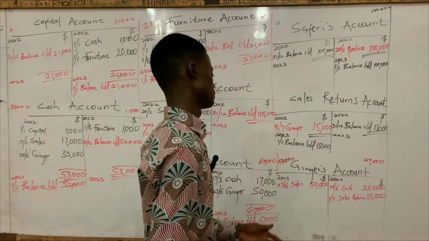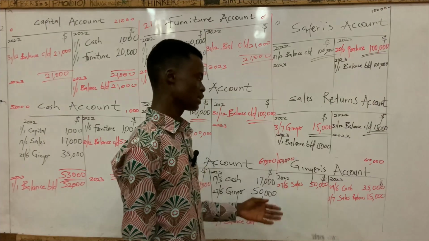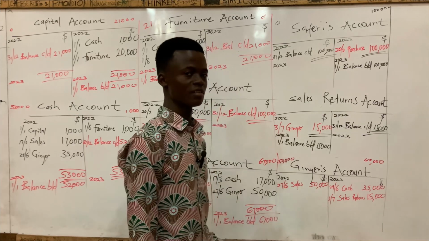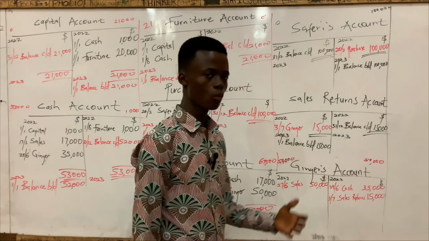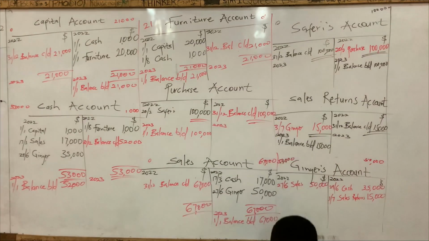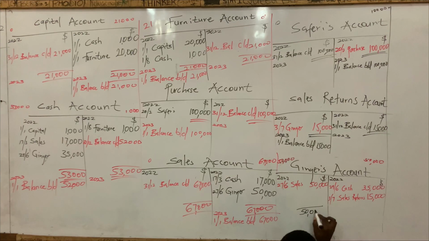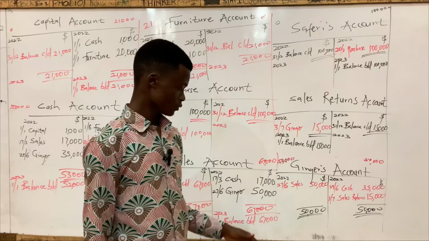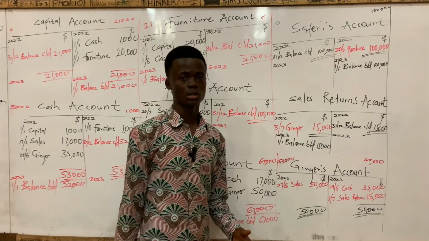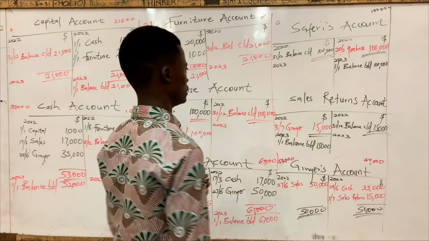So what this means is that since the total debit entries is the same as the total credit entries, we will close off both sides with $50,000, and in this case there will be no balance carried down nor balance brought down, because the difference between the two totals is what gives rise to the balance brought down and the balance carried down.